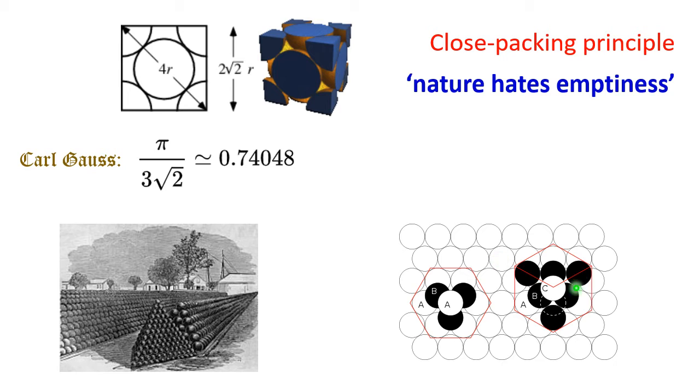So you have the second layer in this way. Next, for third layer, you have two options. One is to put next layer above the first, again above 3, or you can put third layer above the void between 2. In this case, you are getting not hexagonal, this is hexagon, but cubic face center cell.